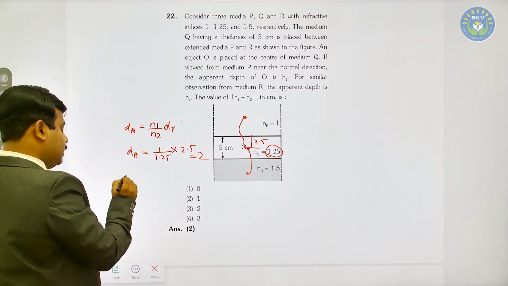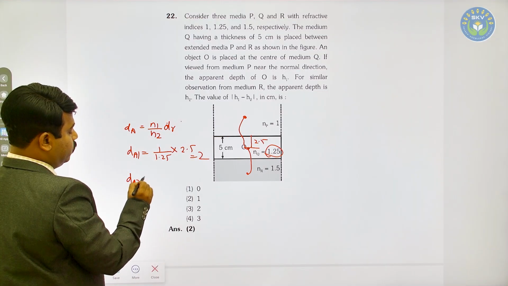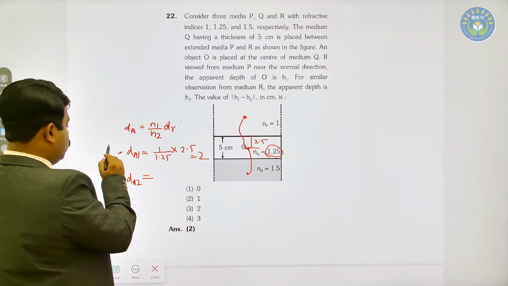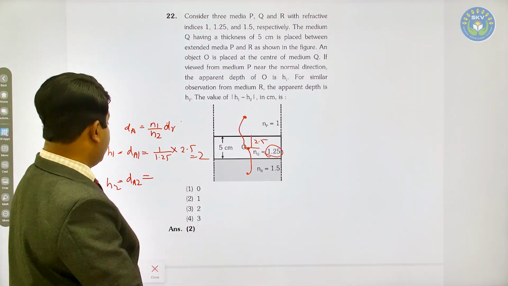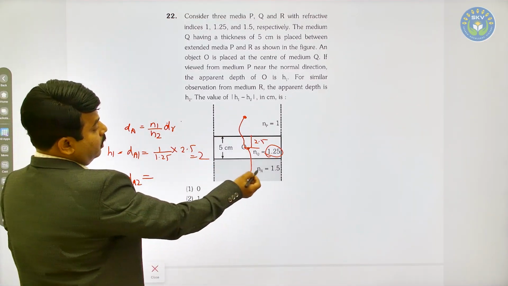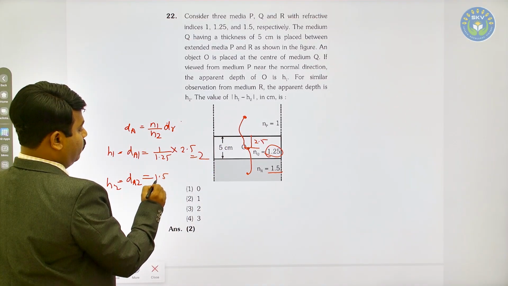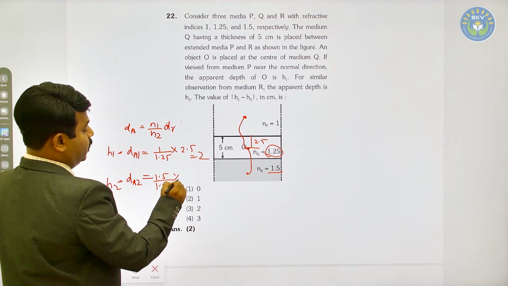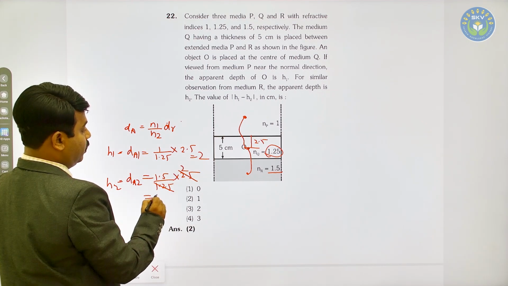Now the second case, looking from this medium, 1.5 divided by 1.25 into 2.5, that is 3.